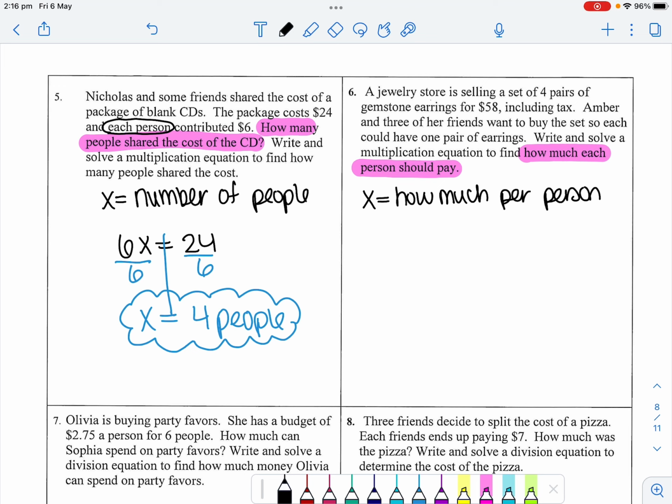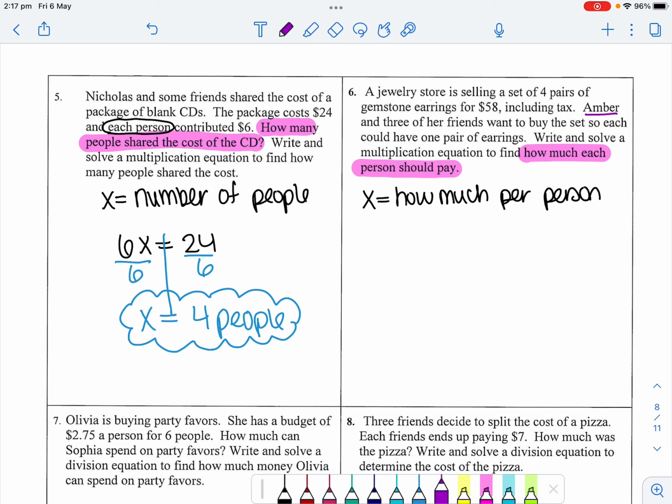The fact that there are 4 pairs of earrings in the set doesn't really affect the equation, because we're talking about how much each person is going to pay, not about the number of earrings that they're getting. So while they tell you that there are 4 pairs of earrings, that is an extra number that you don't need.